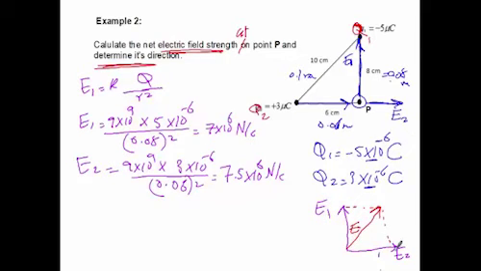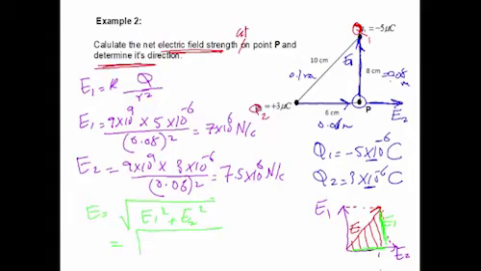So this is the adjacent. We are talking about this triangle. So we have here two adjacent sides of the triangle, this and this. This is E2, and this is E1. So our E equals, as we have seen before, because this is the hypotenuse, the square root of E1 squared plus E2 squared.